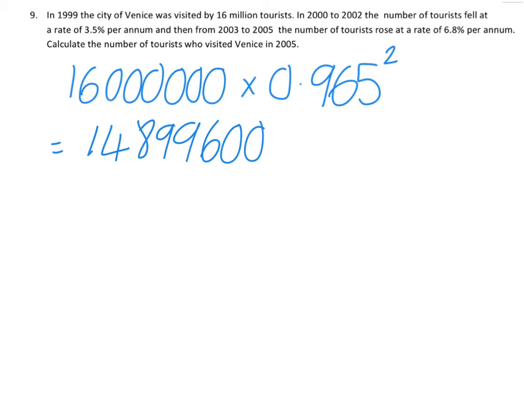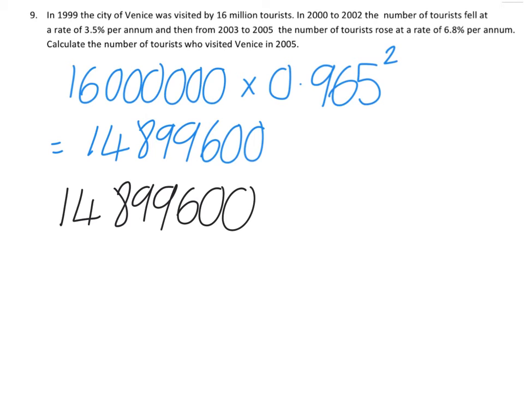We are then told that the tourist population rises again at a rate of 6.8% per annum over the next 2 years to 2005. Our start point this time is the figure from the end of 2002, 14,899,600. This tourist population increases at a rate of 6.8%.